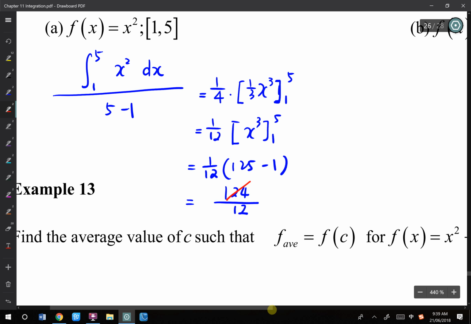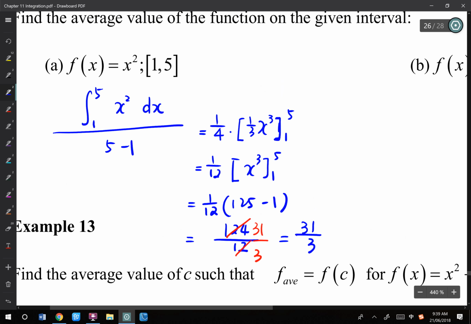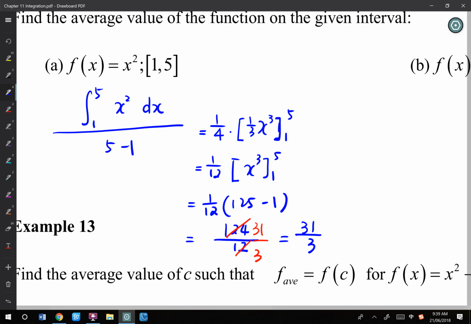Divide by 4, that's 3. Divide by 4, that's 31. So the average y value for this function between 1 and 5 is 31/3.